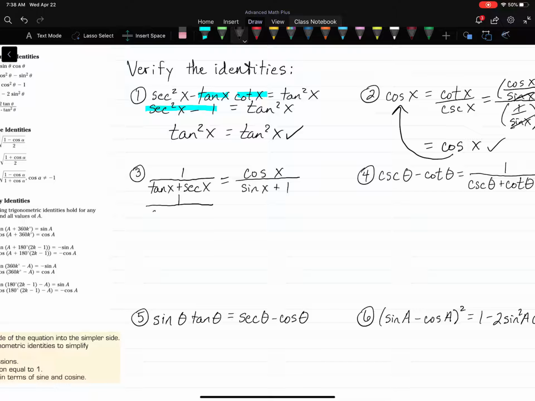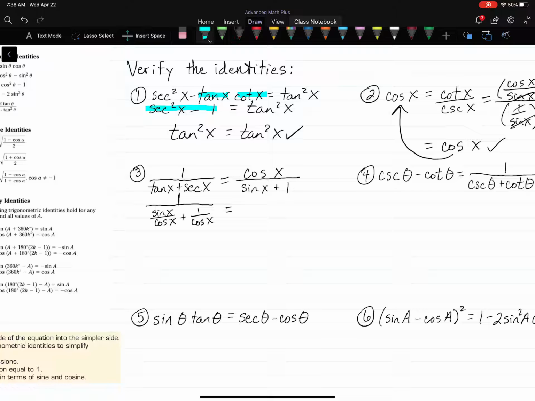Tangent x is the same as sine of x divided by cosine x, plus secant x is 1 over cosine x. And the more familiar you are with the trig identities, the easier these problems are. Okay, so we have 1 over sine x divided by cosine x plus 1 over cosine x.